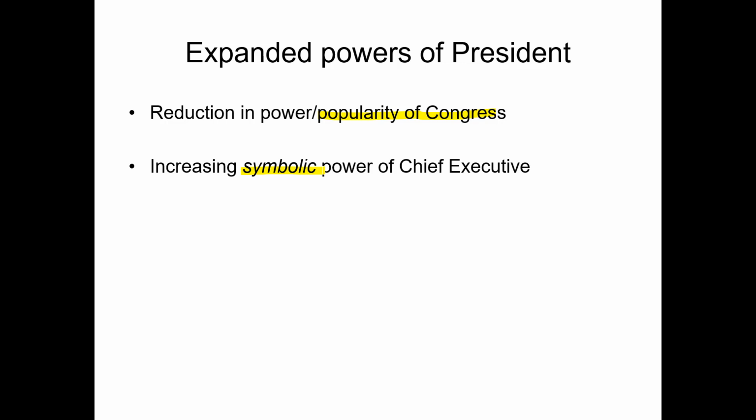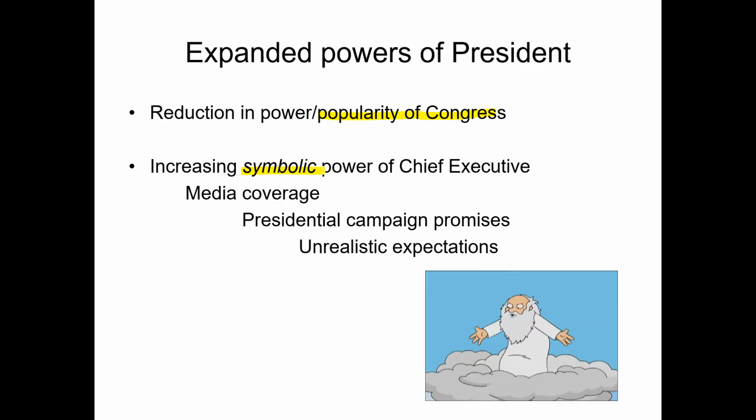And perhaps a lot of that gives more symbolic power to the president that is really unrealistic for the president to live up to: the expectations, the media coverage that's put on that, the presidential campaign promises that the candidates make in order to get elected. There's no way that they can fulfill all of these promises when they have to rely on Congress to pass the laws. So therefore, there are extremely unrealistic expectations that are put on a president even before he takes office because of all this symbolic power.